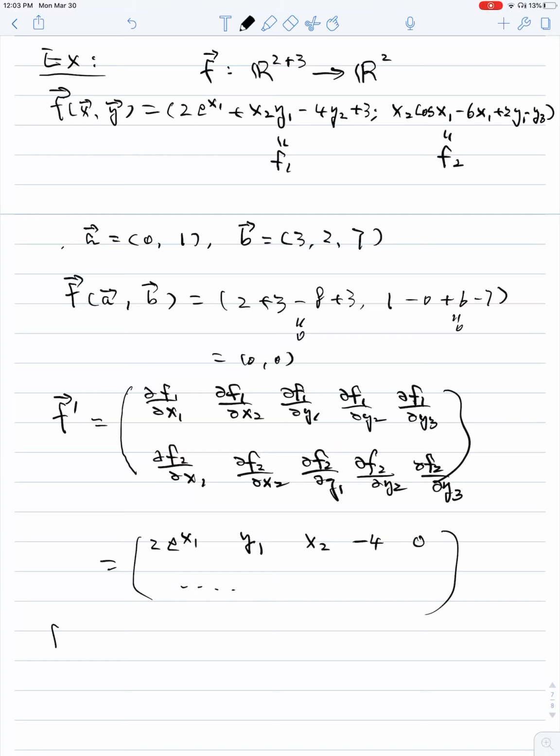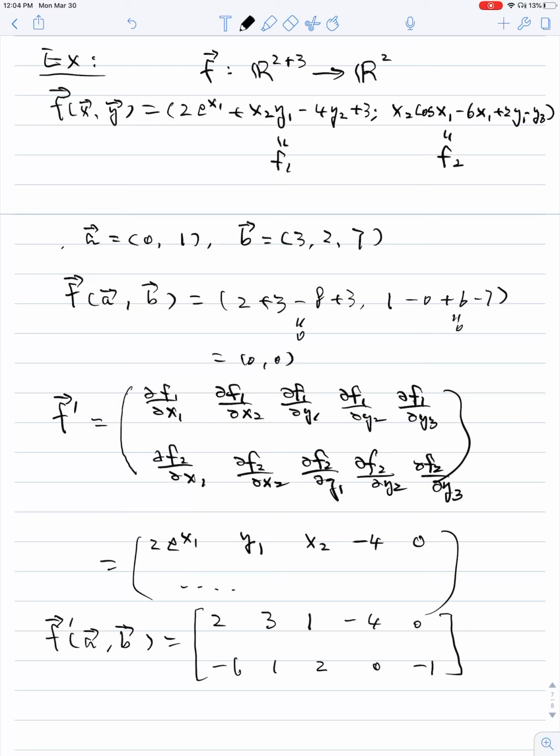And then if you evaluate this at the point A, B, you can find the derivative at the point A, B. This is a matrix, and it gives us 2, this gives us a 3, this gives us x2, which is 1, and that gives us -4. This gives us 0, and likewise you can do the computation. This would give us -6, 1, 2, 0, -1.